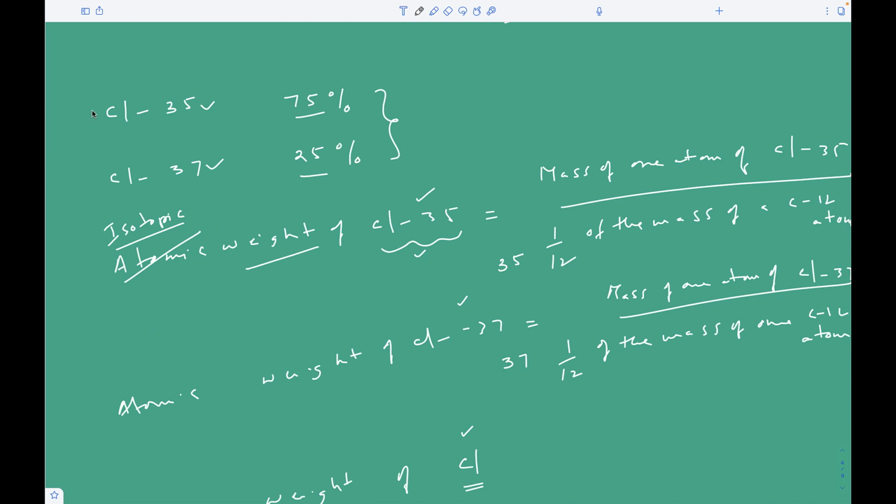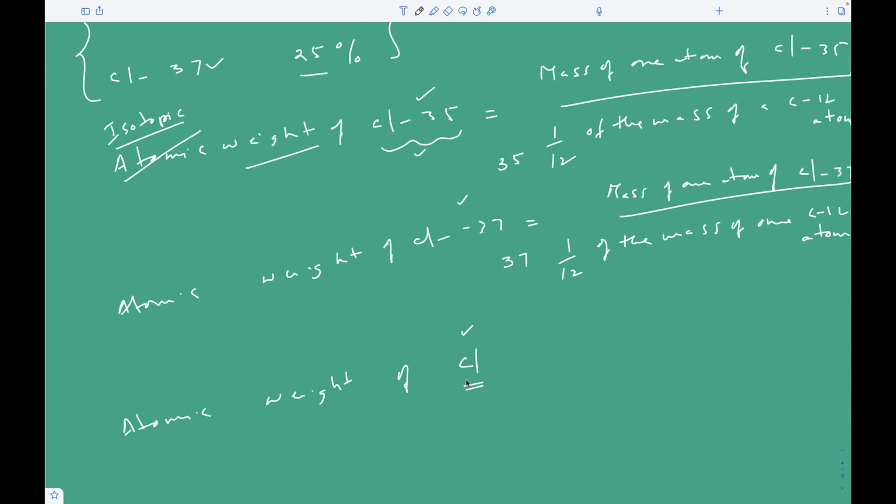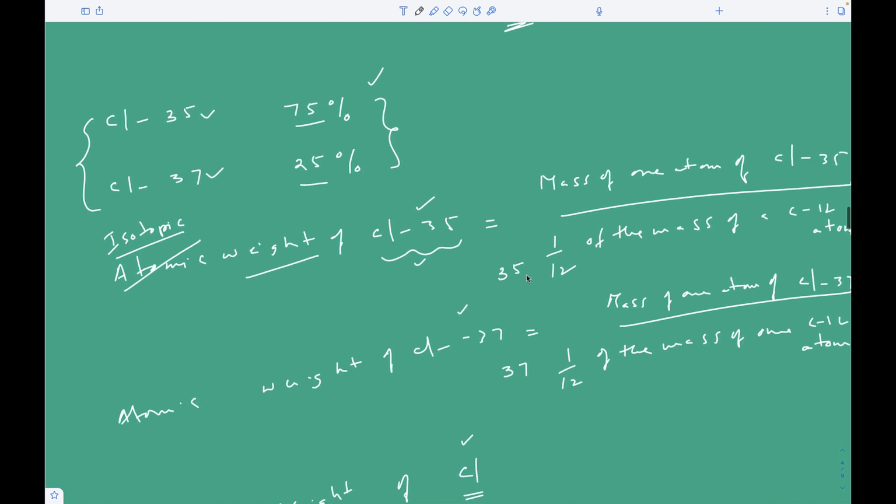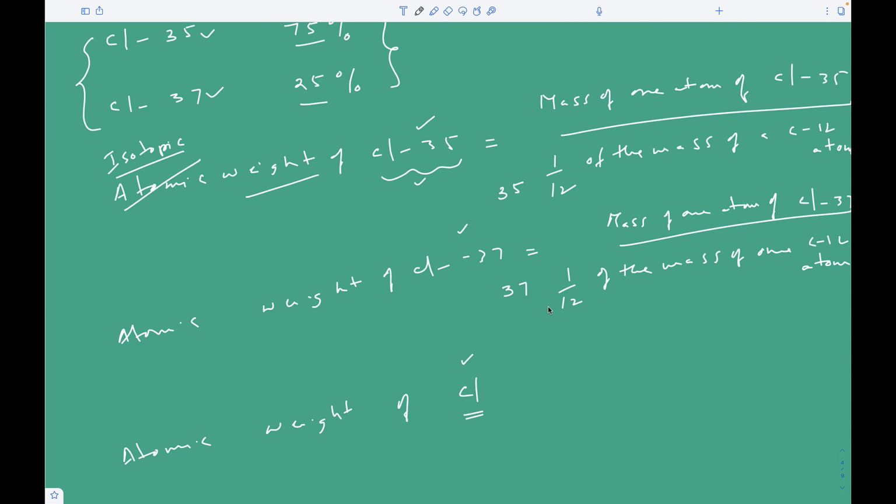That is a mixture of both the isotopes of chlorine with this isotopic composition. But because chlorine is composed of two different isotopes with two different atomic weights, there is no single atomic weight for chlorine. So every time you deal with chlorine, you have to deal with two different isotopes.